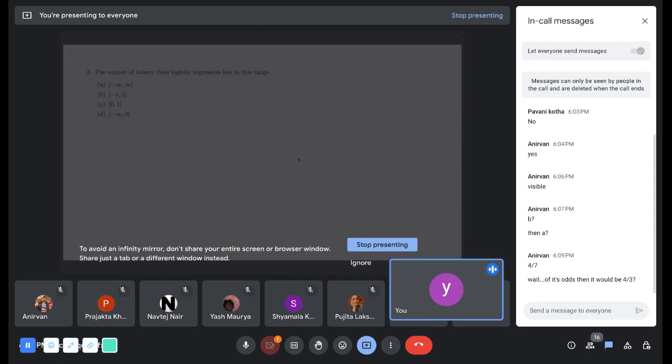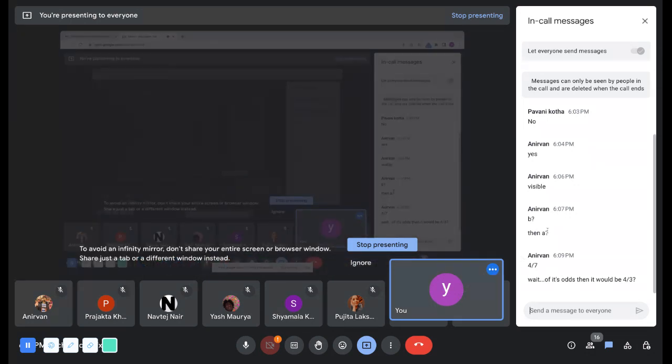Now, for binary class logistic regression, what is the output of your prediction? It's minus infinity to infinity, minus 1 to 1, 0 to 1, or minus infinity to 0. Any responses?